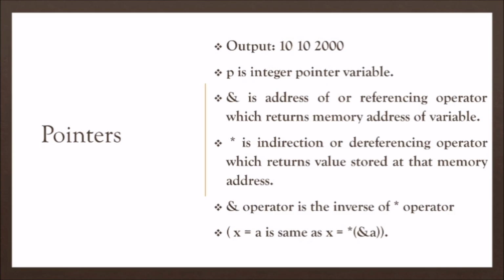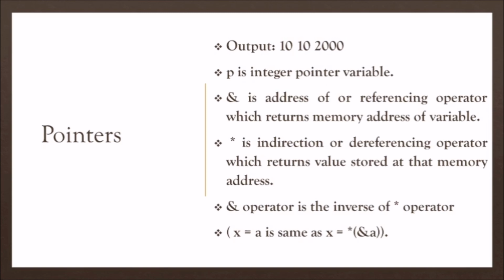And star is the indirection or dereferencing operator, which returns the value stored at that memory address. So the ampersand operator is the inverse of the star operator. How? Suppose you write x is equal to a, it is the same as x is equal to star ampersand of a. So the star operator is the inverse of the ampersand operator.